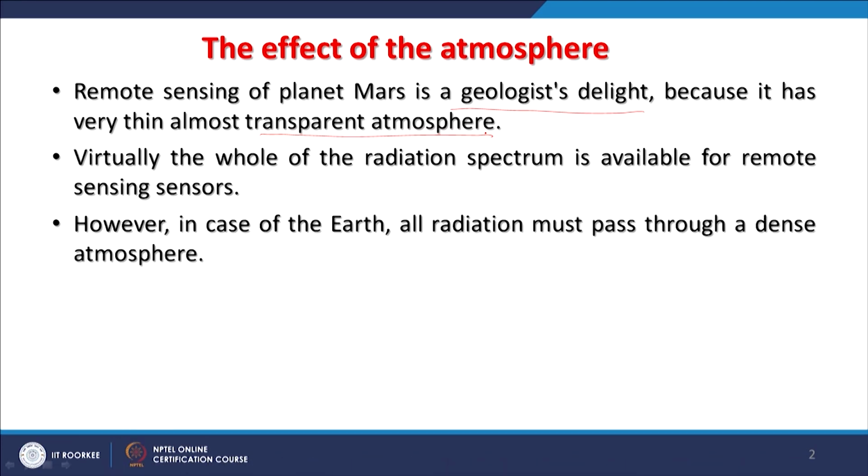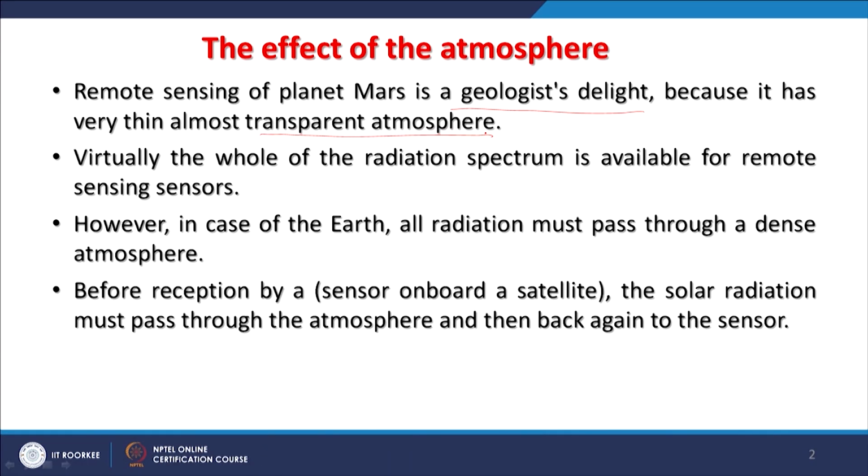As mentioned, in the case of earth, all radiation passes through a dense atmosphere, relatively dense compared to Mars, and because a sensor or a satellite earth station is located on the ground, the effects of the atmosphere also have to be incorporated.